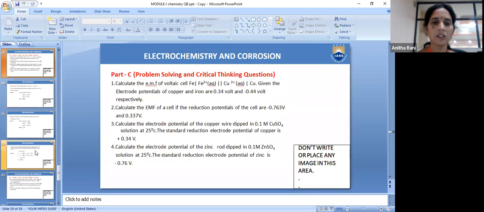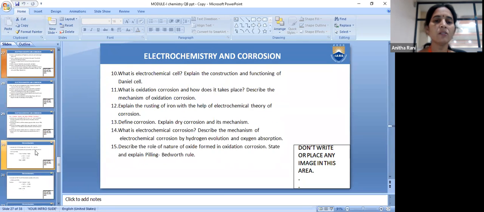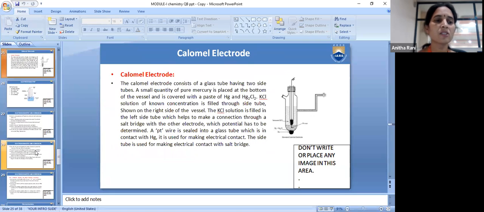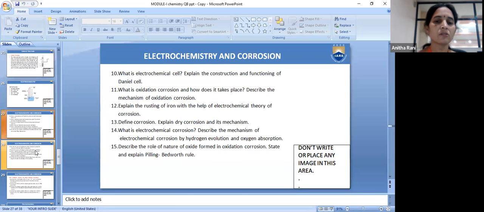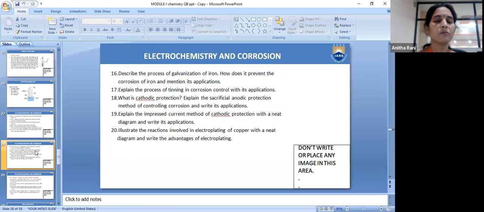We discussed it with the diagram. Does anybody remember? Formation of metal oxide on the surface of the metal. When metal is exposed to the atmosphere in presence of oxygen, the metal undergoes an oxidation reaction: M gives Mn+ plus electrons. Oxygen gains electrons and is reduced to the oxide ion.